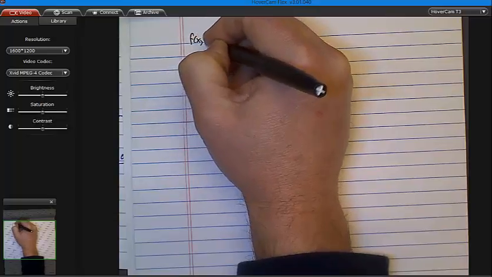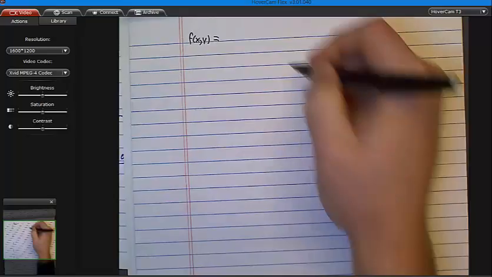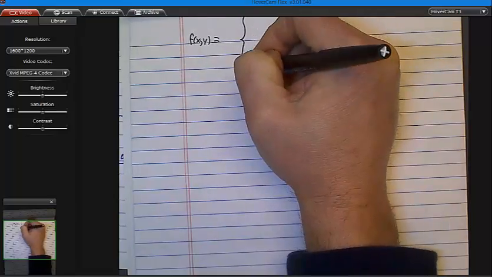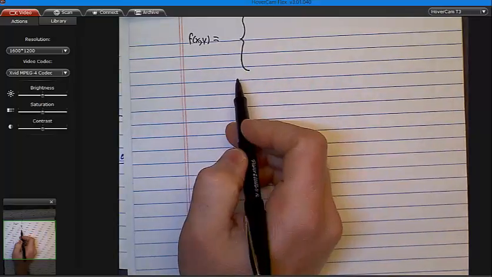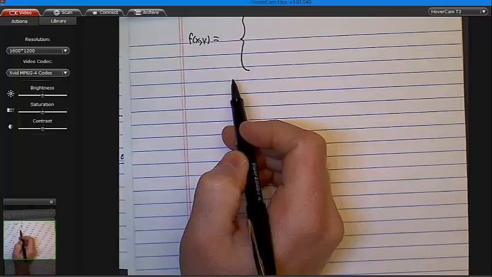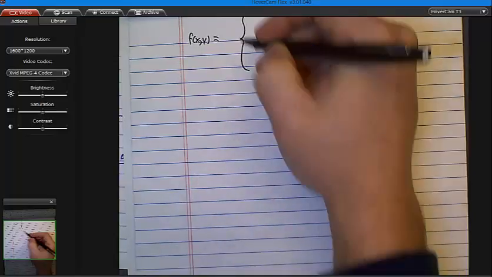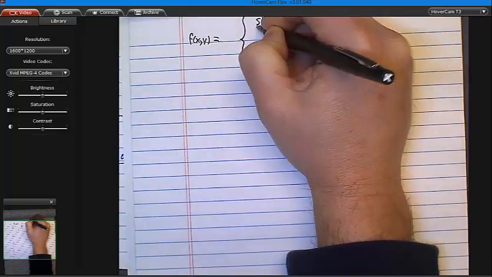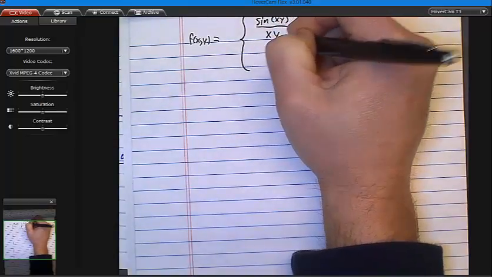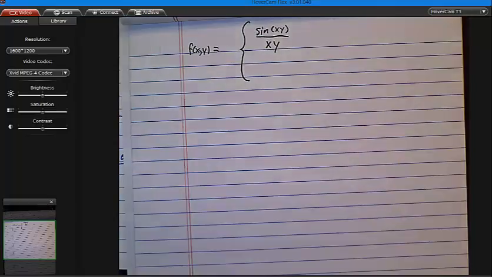f of x, y equals, and I'm going to do something we did in Calc 1 when we tried to make things continuous. You might remember, it's called defined piecewise. I want it to equal the sine of the product xy over xy. That's a real fun curve, or surface.